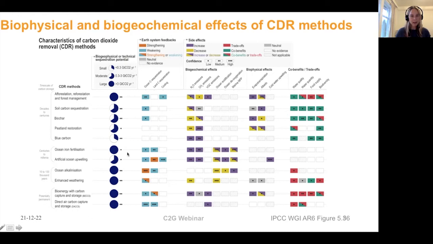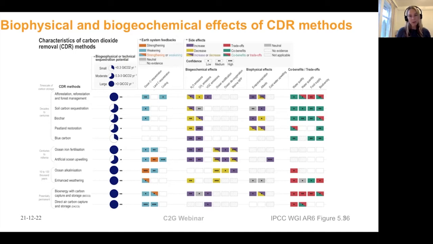So here, these different rows correspond to different CDR methods, which range from land-based methods such as afforestation, for example, or soil carbon sequestration, to ocean methods such as ocean iron fertilization or ocean alkalinization, and then to some more technological or engineered methods such as direct air capture and storage.